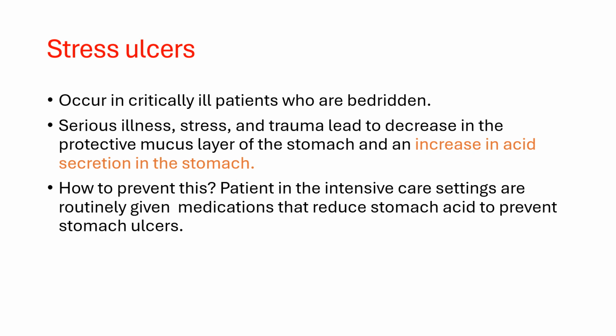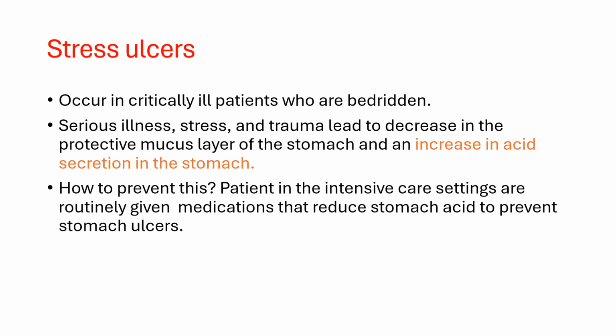So one of the reasons is that there is an increase in acid secretion. We take medicines, which are antacids, that will decrease acid secretion. So when you are seriously ill, when there is so much stress and trauma, it will decrease the protective mucus layer of the stomach. How can we prevent this?